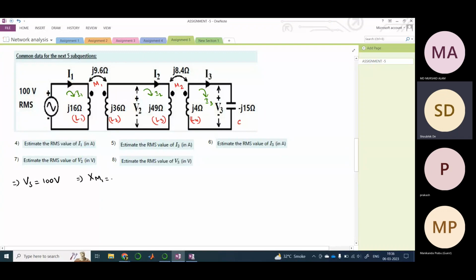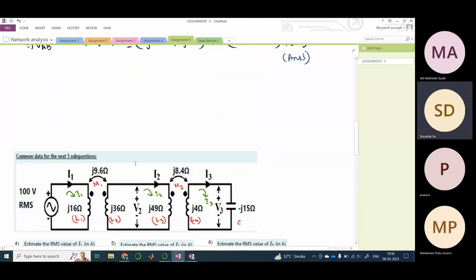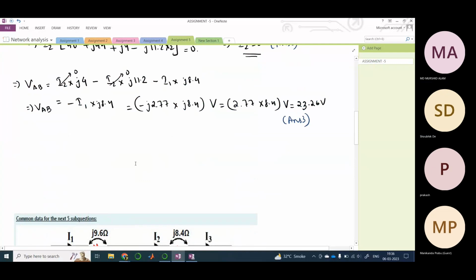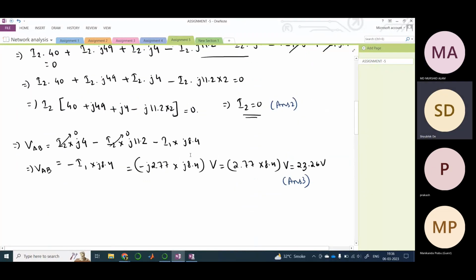Sir, potential across VAB is equal to minus 23.26. Minus or plus? It should be plus 23.26. Why minus?